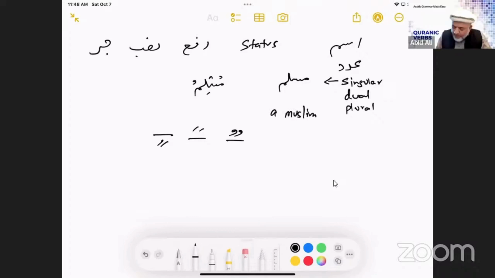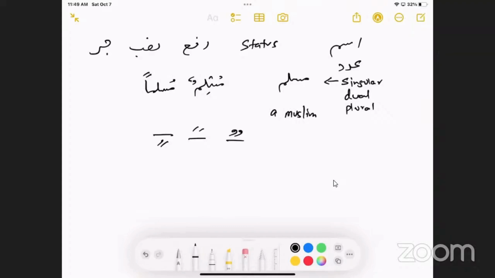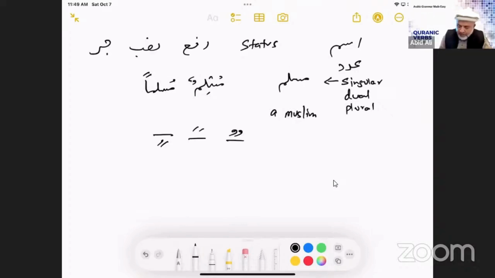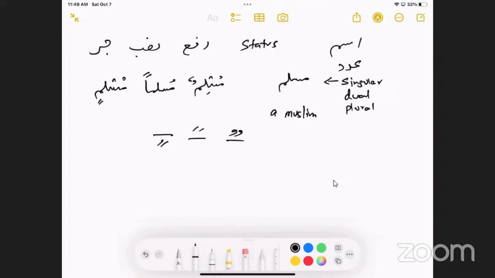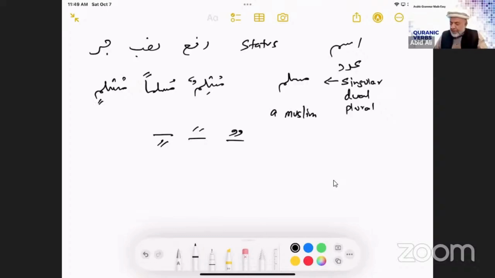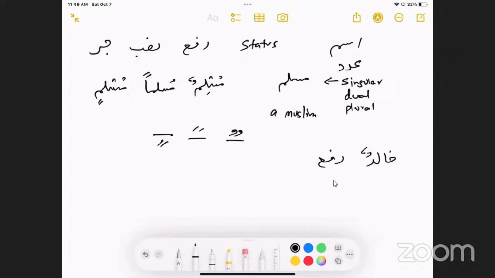The last letter will have dammatan. The Nasab will have fathatan, Musliman. And Jar will be Muslimin, with kasratan. So if I say Khalidun, what status is this? Rafa.